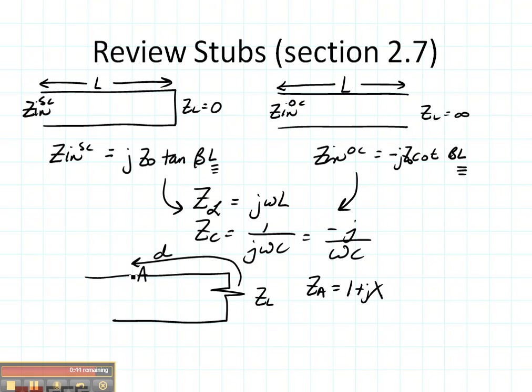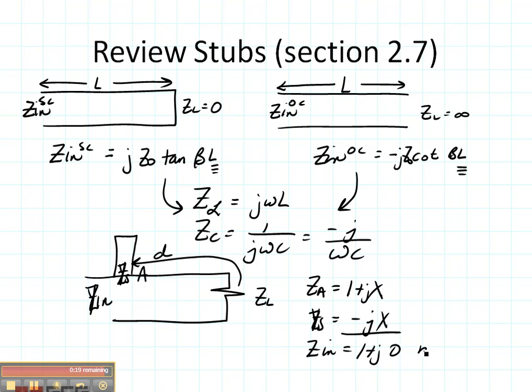And then we're going to add in a stub, either an open-circuited stub or a short-circuited stub, such that YS is equal to minus jX. The input impedance, Zin, is then going to be the sum of these two, which is going to be 1 plus j0, which is matched exactly the way we want it to be.